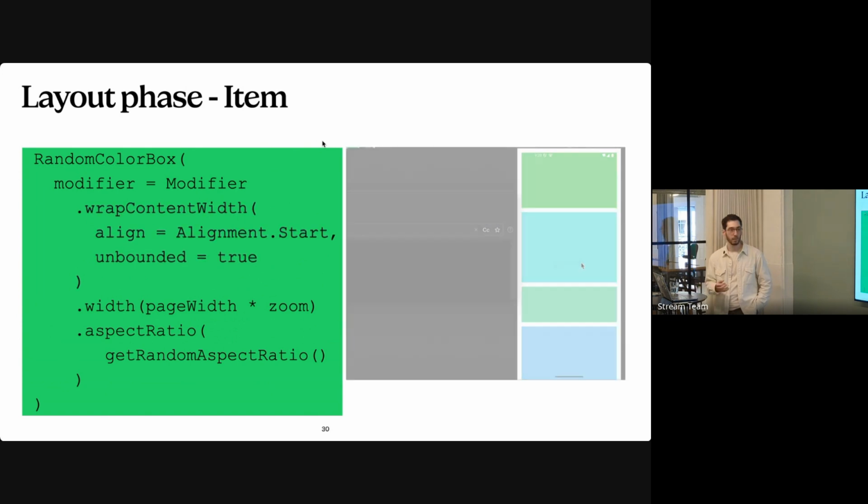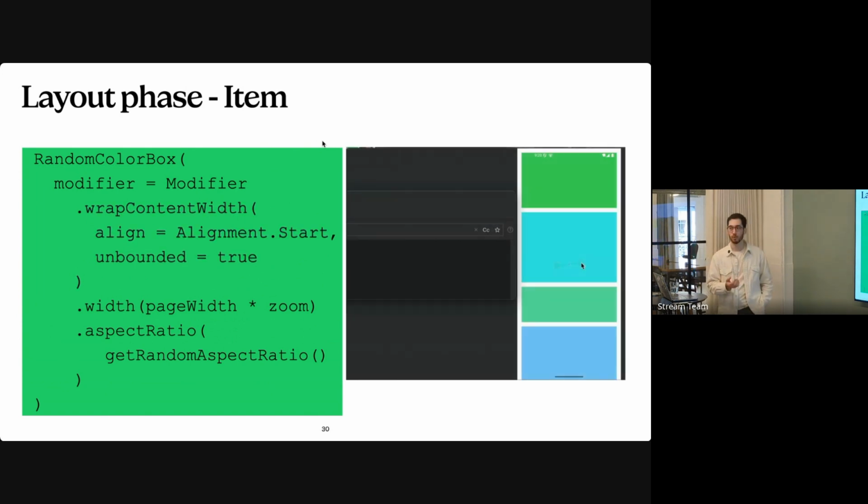In the previous approach with the draw phase, we saw that we're not disposing of items properly, right? When we are zoomed all the way in, they're still being composed. Let's see if we still have this problem. The way I tested this was by attaching a disposable effect to each item composable. And when onDispose is called, I'm going to print a logcat statement here.